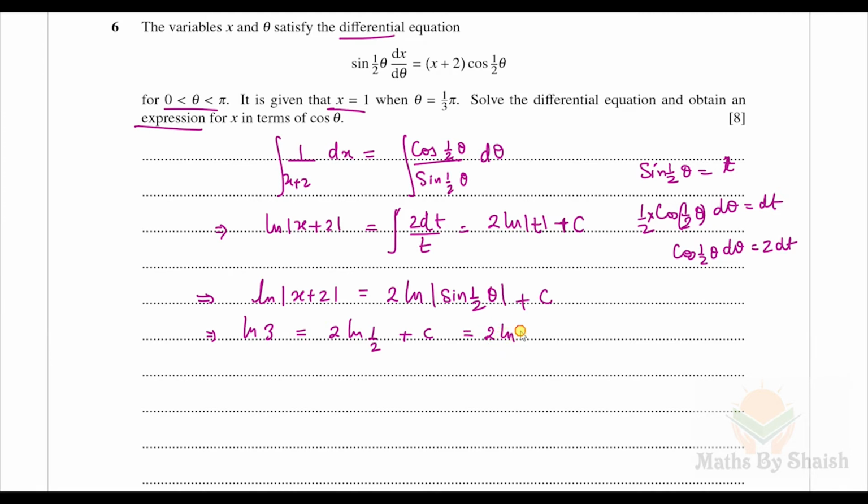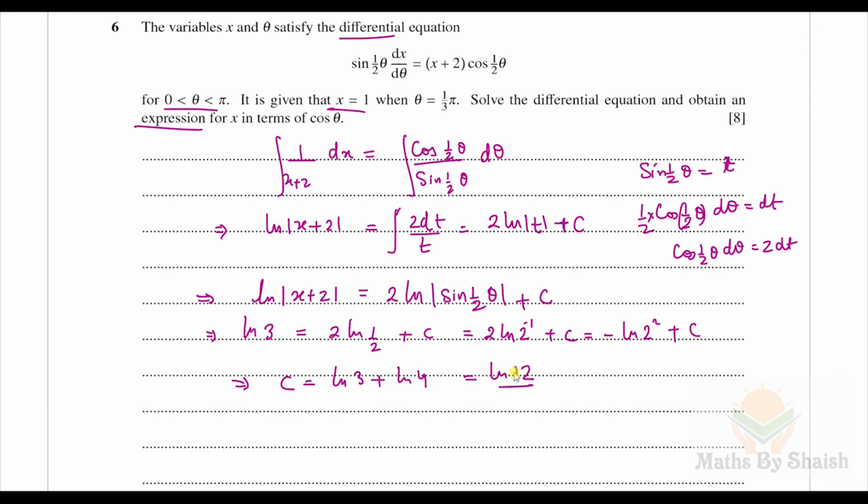We can rewrite it as 2 times ln 2 inverse plus c, or it is going to be minus 2 ln 2, and I'll take the 2 to the power, ln 2 to the power minus 2, plus c. Or we can write c as ln 3 plus ln 4, and we know it is going to be multiplied because there is a sum between them. So c is equal to ln 12.